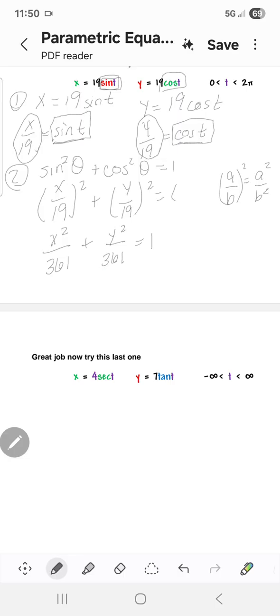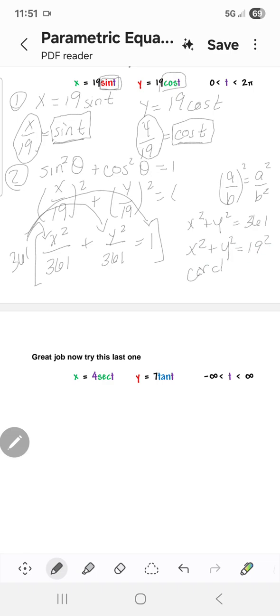It's being divided on both sides, so if I wanted to get rid of it, I would multiply both sides by 361. It cancels with the denominators, and that would be 1 times 361. So I get x squared plus y squared equals 361. Wait a minute, 361 is 19 squared, so that's x squared plus y squared equals 19 squared.